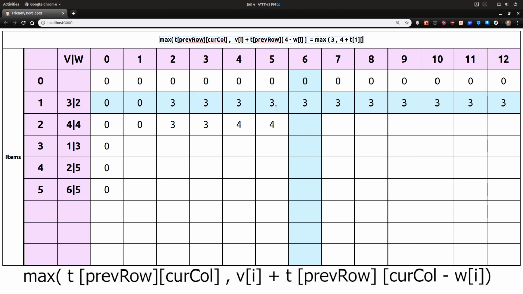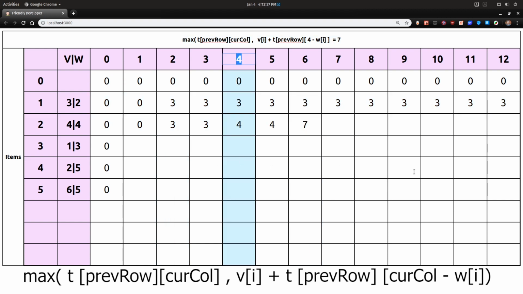The previous row is T of 1, and 6 minus the weight of the item. What is the weight of the item? That is 4. 6 minus 4 is 2. Now T of 1 of 2 is 3, so 4 plus 3 is 7. This turns out to be 7. Now you can write 7.